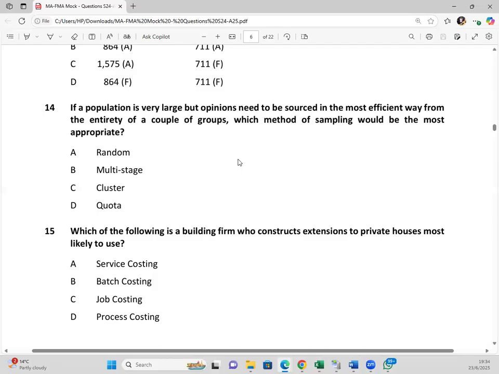This one is a tricky one. Let's flag this one. But I think between these two, this one is kind of tricky.